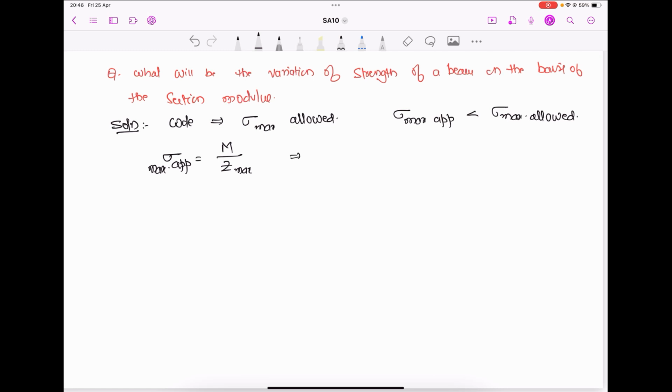Bending moment as per the loading is constant. Sigma is directly proportional to 1 by Z. Do you agree with this?